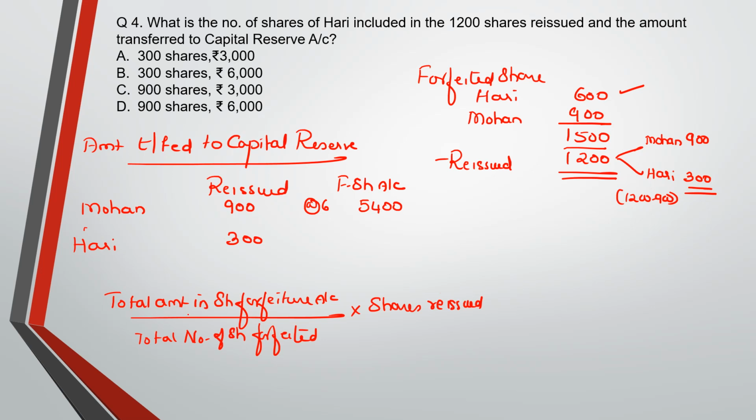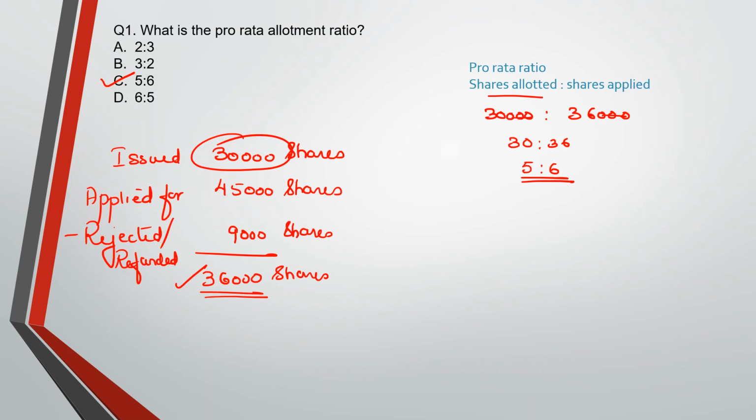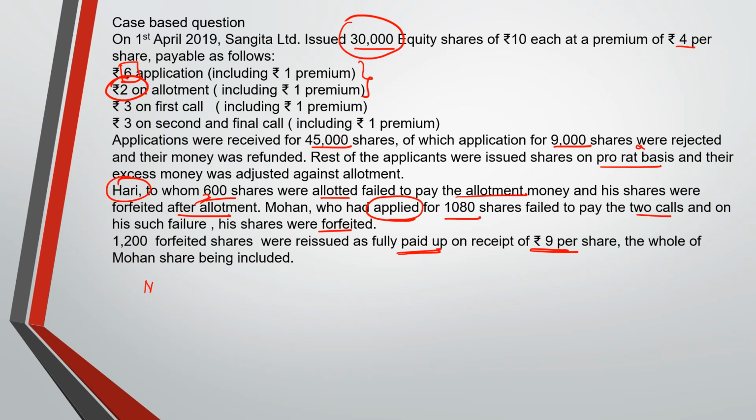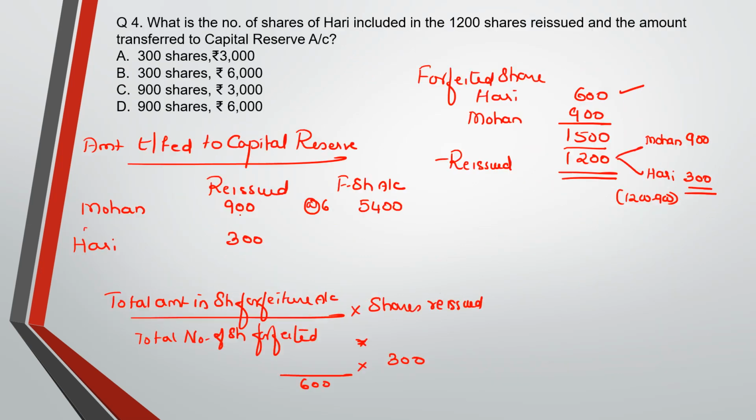Now, first we know that 300 shares has been reissued and total forfeited is 600. Now, we'll have to calculate the amount which is credited. For Hari, he failed to pay at the allotment stage. So, what he has paid is the application money. Application money he has paid is 6 rupees on his 600 shares. So, what has been received from him, which is credited, is 600 into 6, that is 3,600.